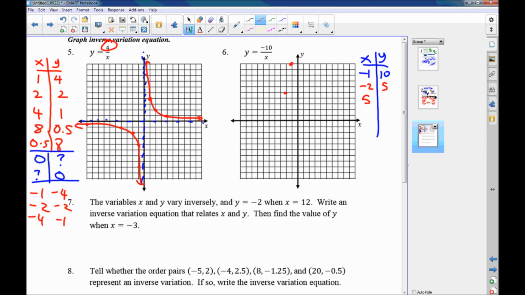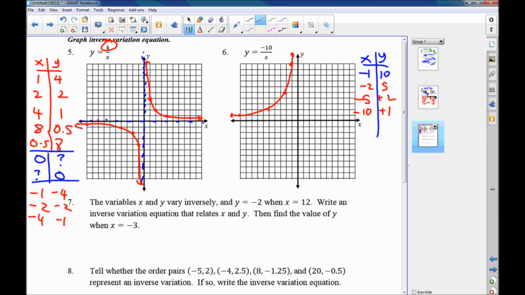Okay. Or +5 and -2. That's 5 over and 2 up. Or +10 and -1. That's 10 over and 1 up. So we can see how our graph branch is going to be up here this time in the second quadrant. And the reverse of this, oh, I'm sorry, this was supposed to be negatives and positives.